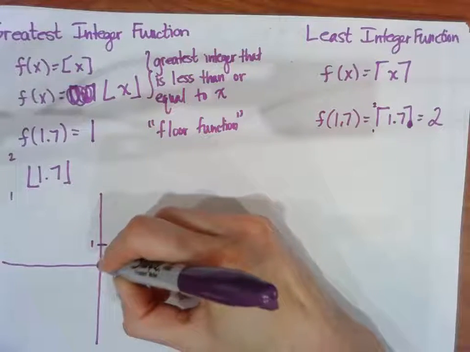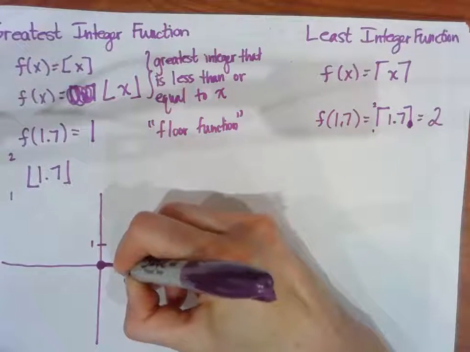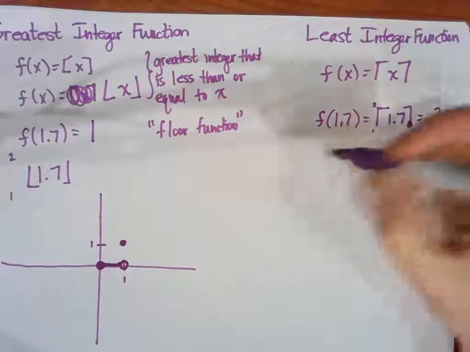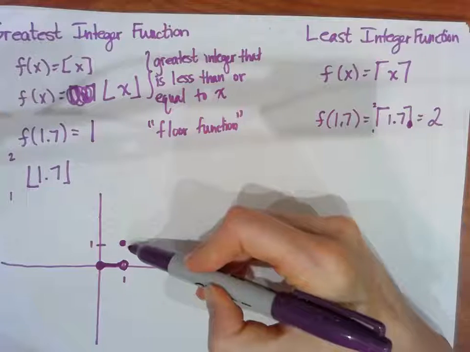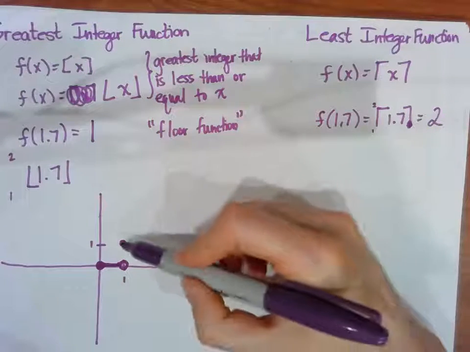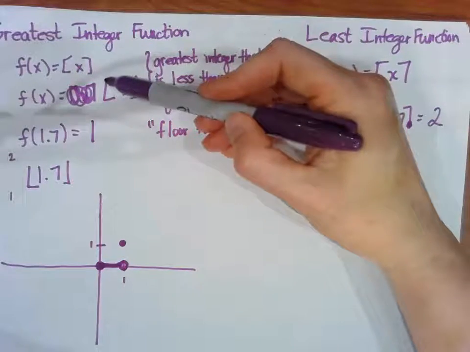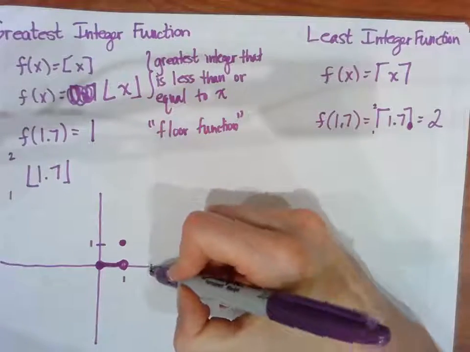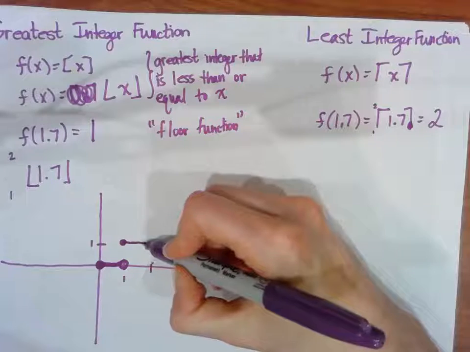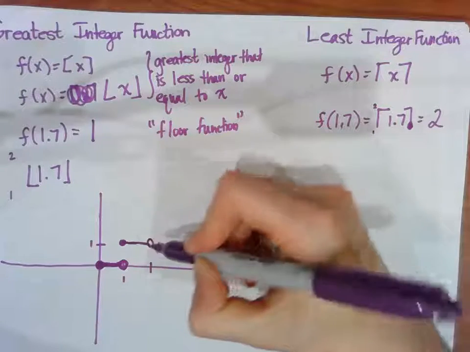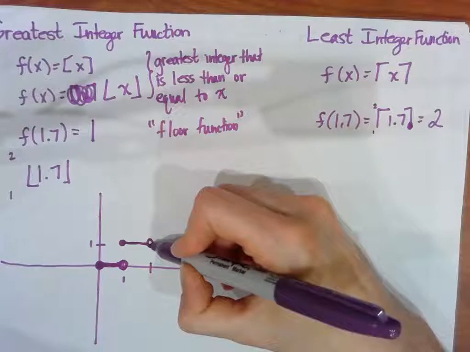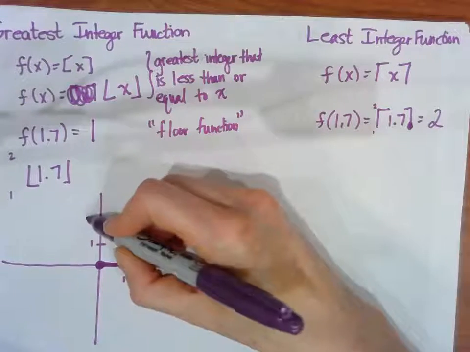So this keeps going down to 0 until we get to 1. Then 1.1, 1.2, 1.3, all the way up to 1 point anything, the floor is 1. It keeps looking like 1 until we get to 2. But once we get to 2.0, it's going to go up to 2.